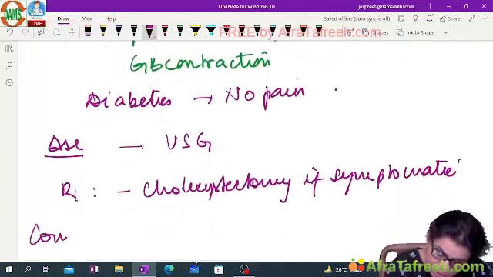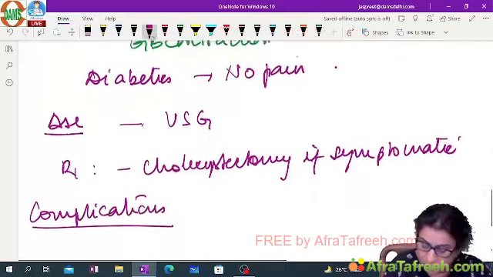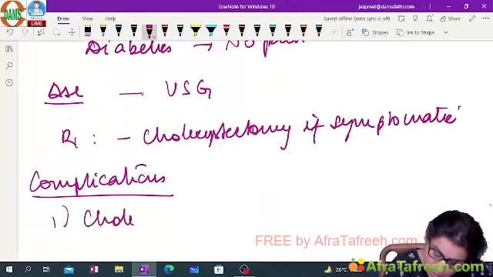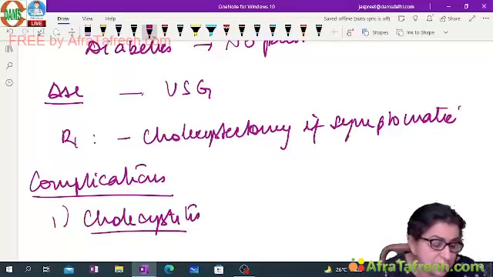Okay, complications of gallstones. Gallstones can cause inflammation of the gallbladder, that is cholecystitis. A very common cause of cholecystitis is gallstones.